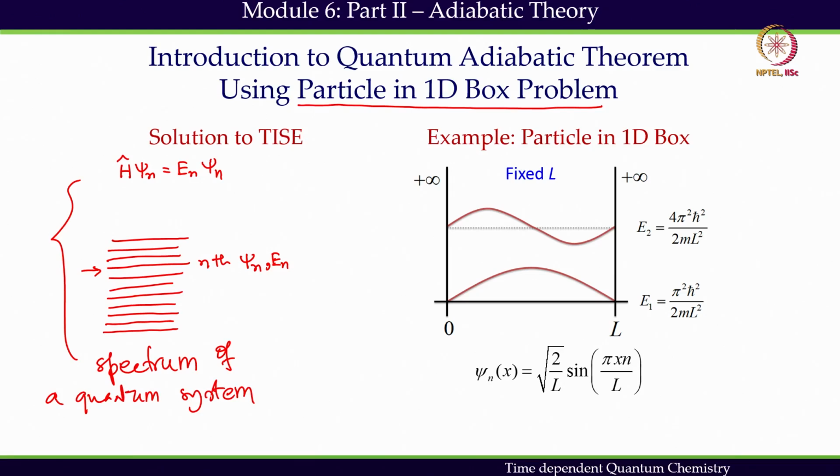As an example, one may consider the classic problem of a particle in a one dimensional box of length L. So this is what we have, the example with length 0 to L, and this problem is also known as the particle in an infinite square well potential. The nth wave function, the stationary state, of course these are all stationary states.